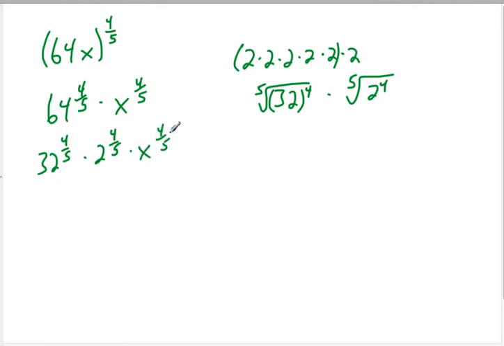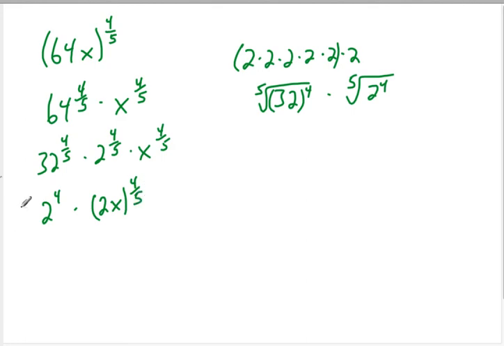All right, so 32 to the 4/5 is the same as 2 to the 4th, right? So that's 2 to the 4th times, and then these can be combined, so we can say 2x to the 4/5, right?